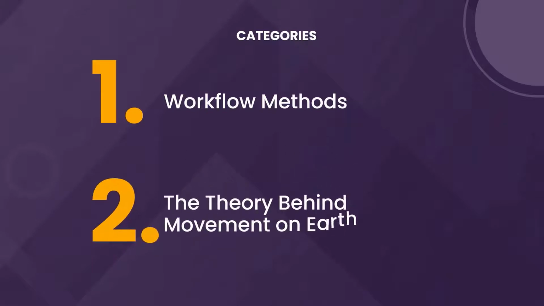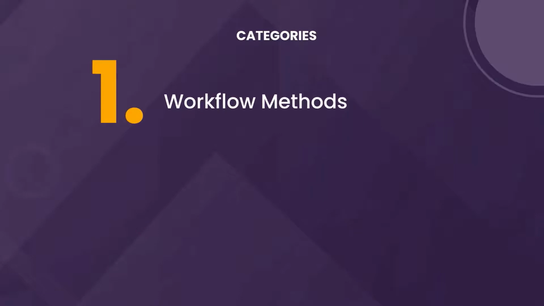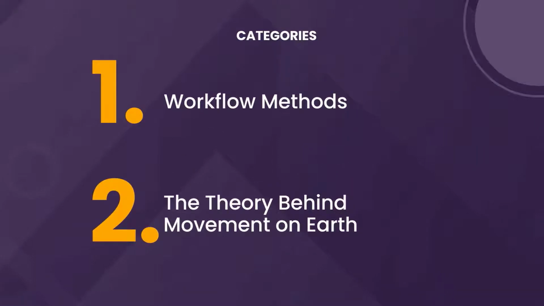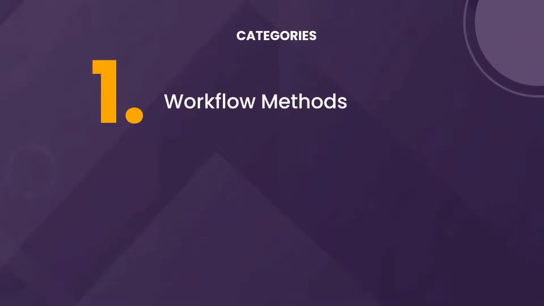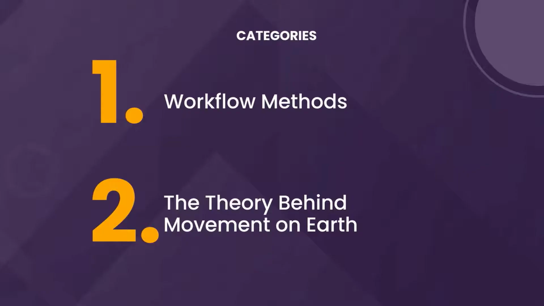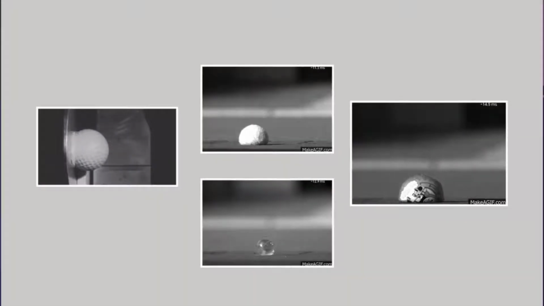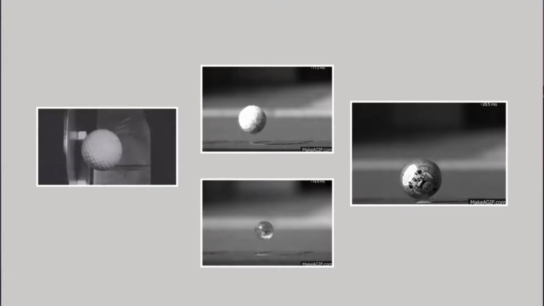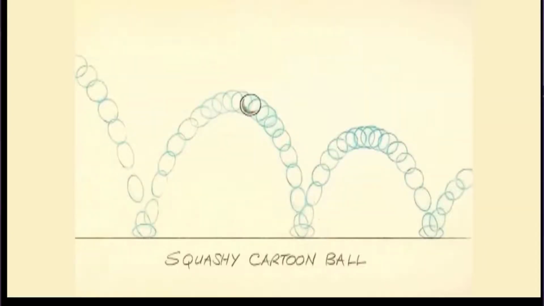The second is the thought behind movement, the theory behind how objects interact with one another and with their environment. There are some laws of physics, because we are trying to replicate life. There are some principles behind all of this that we need to take cognizance of.